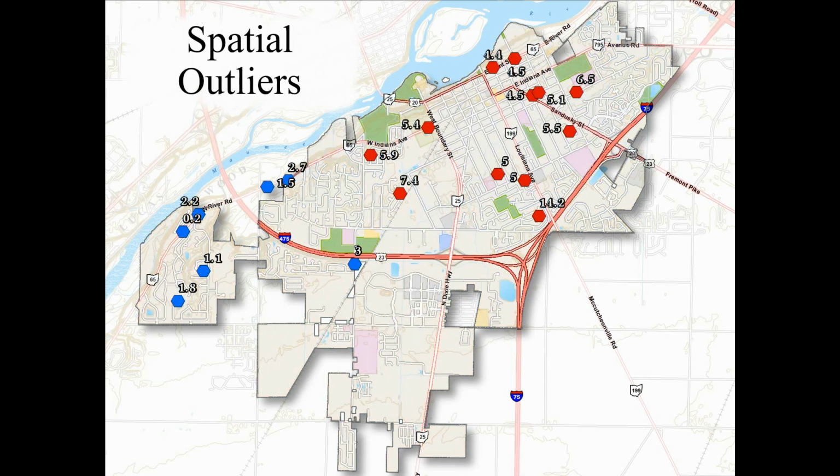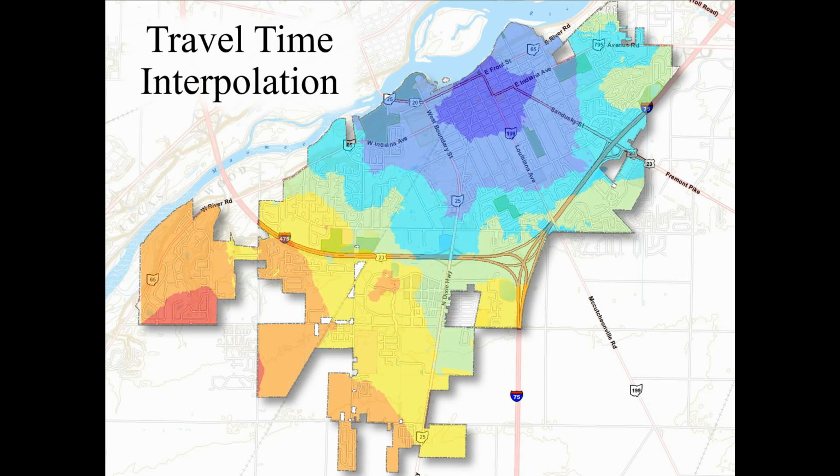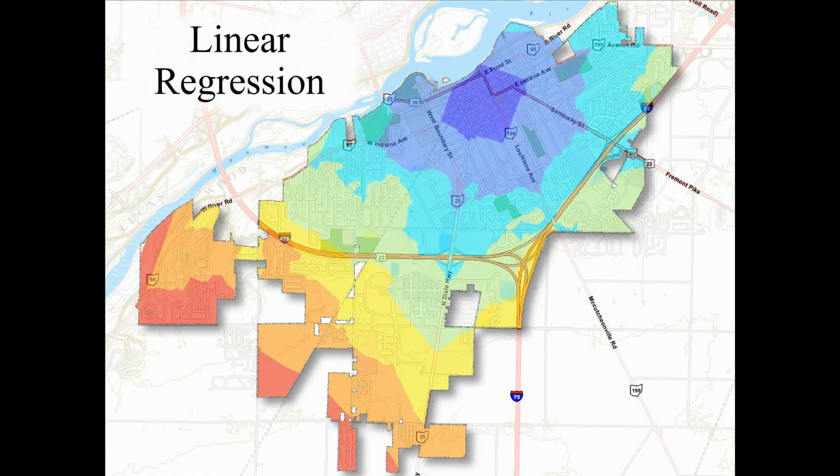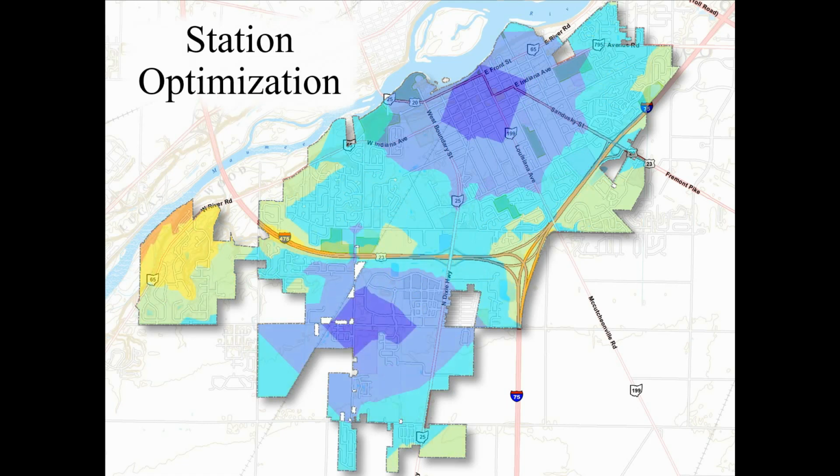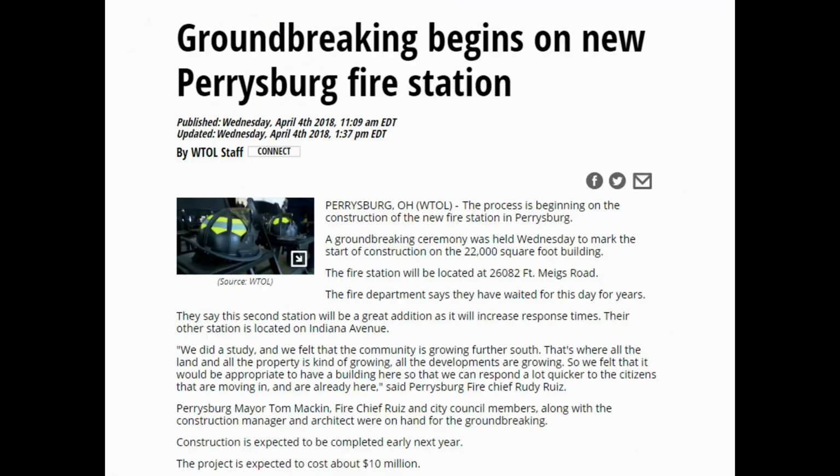We can remove our spatial outliers using our additional spatial statistics, and then we can interpolate our travel time so we can estimate values in between known points, and then create our own regression model to optimize the station location.